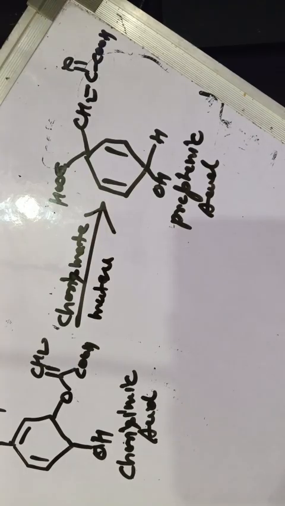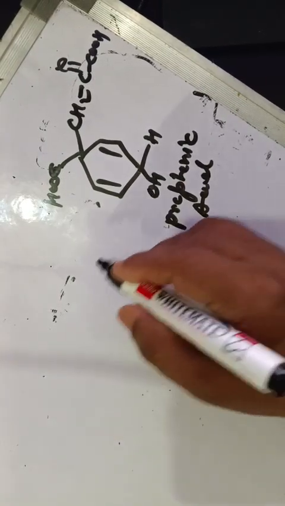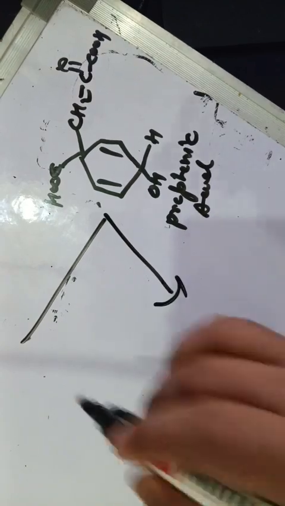Now, this prephenic acid plays an important role in making aromatic amino acids. Now, this prephenic acid goes for two new steps.